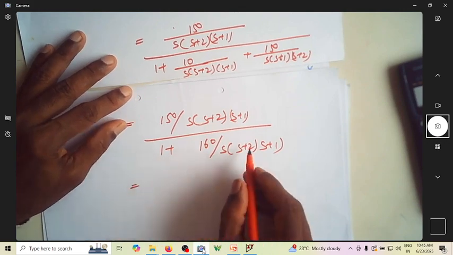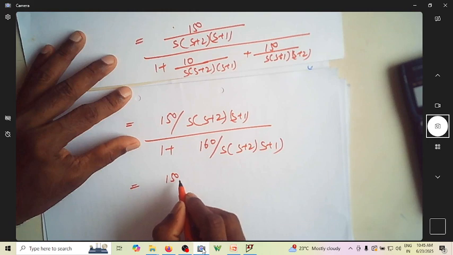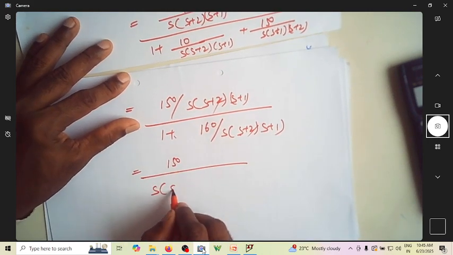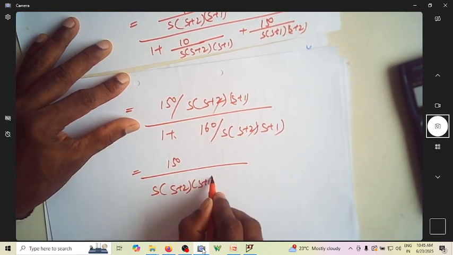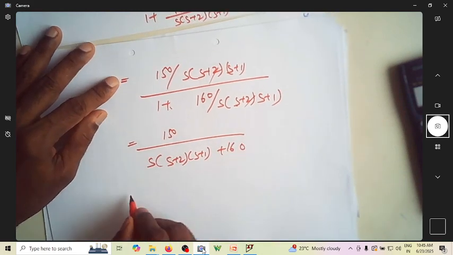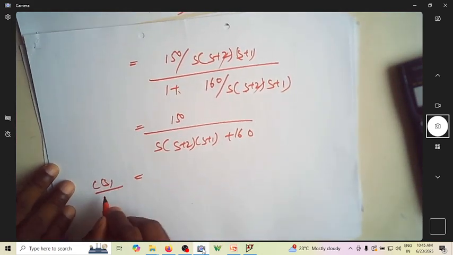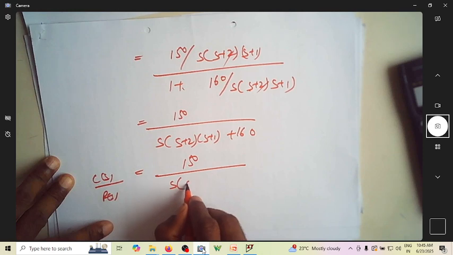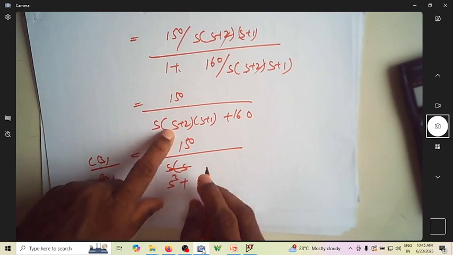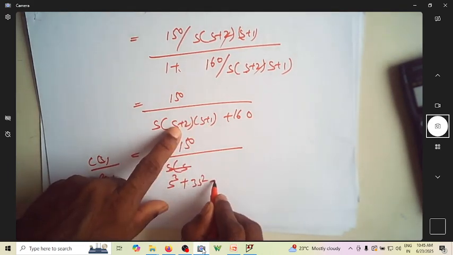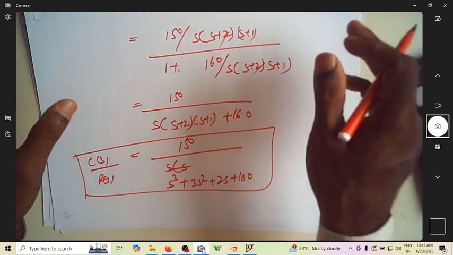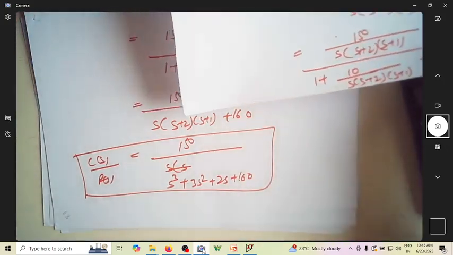If I take the LCM, then it is 150. This will go with this, but this will be coming here. Is it not s into s plus 2, s plus 1, plus 160? You can see now this is CFS by RFS, which is 150 by s into, of course this will be s cube plus 3s square plus 2s plus 160. So this is CFS by RFS by doing it using the signal flow graph.